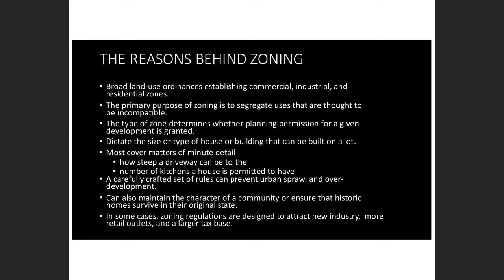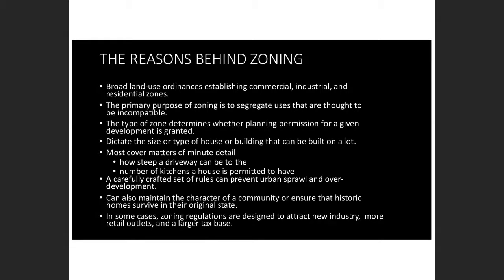So why do we have zoning? The primary reason we have zoning, the second bullet there, is to segregate uses that are thought to be incompatible. Again, if you own a house, you don't want a factory next to your house. You ideally want to have your house in a neighborhood that has other similar uses.